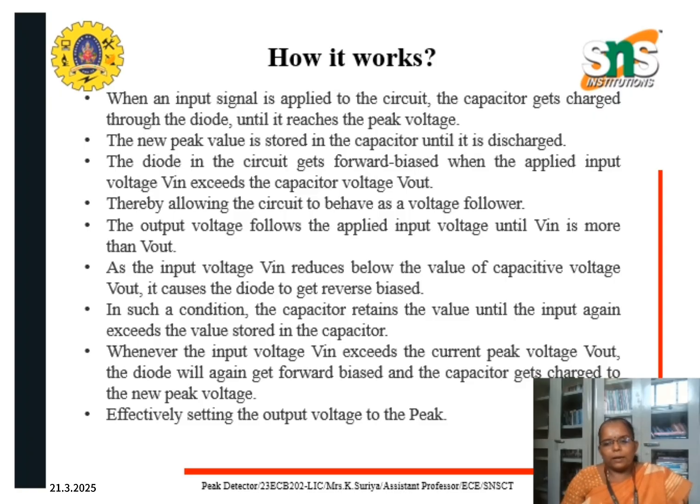When a new input voltage higher than the stored value is got, that value will be stored in the capacitor every time. Thus the peak value is detected each and every time a new peak value at the input is given. This is how the peak detector works.